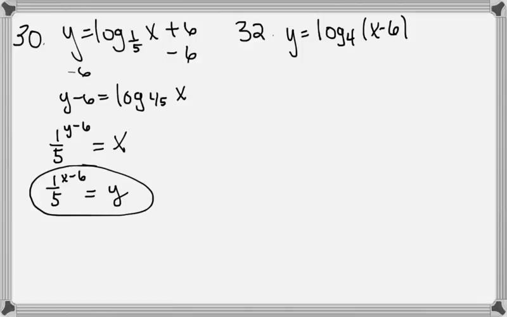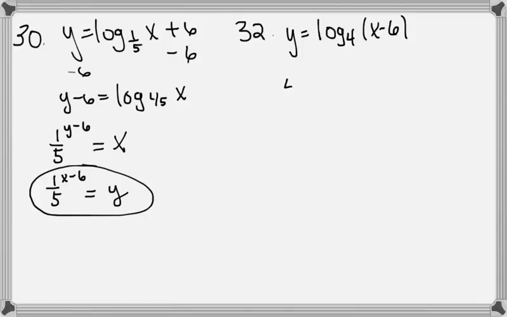Look up at number 32. Do I go ahead and convert to exponential, or do I need to do some adding and subtracting here? You could go ahead and convert to exponential because it's a logarithm equal to y.